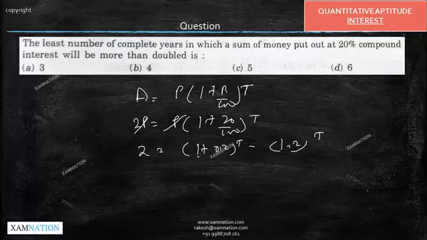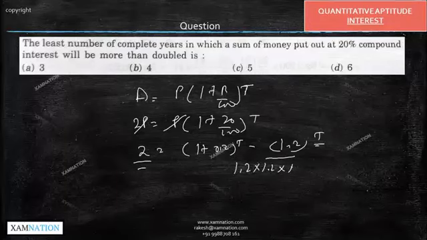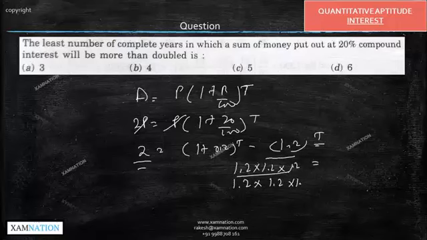We need to calculate the value of T when this will be more than 2. I need to do some calculation here. First I take 1.2 into 1.2 and calculate this value, and second I take 1.2 to the power 4 and calculate this value.